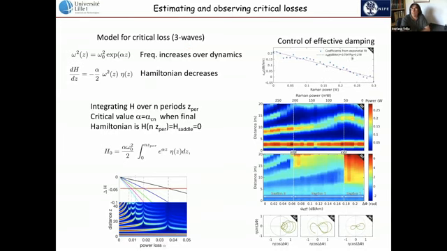Nevertheless, we made an experiment, because in optics you can control the effective damping, because remember we have a Raman pump to compensate the losses. So acting on the Raman pump, we can have actually linearly decreasing losses versus the Raman pump. And so we were able to measure and see the first two critical alpha. So essentially, again, this is the same plot we used in theory.